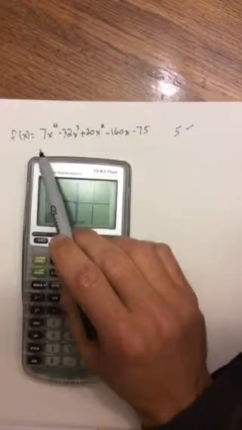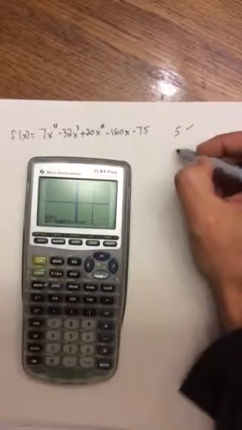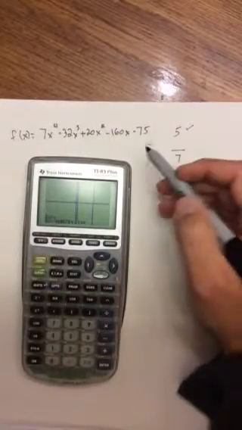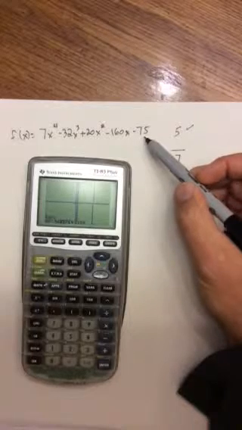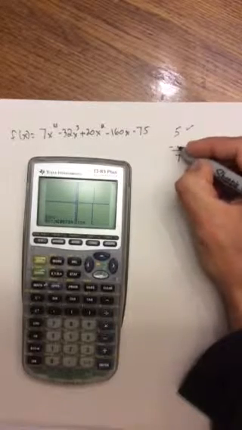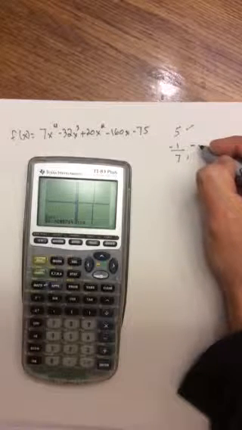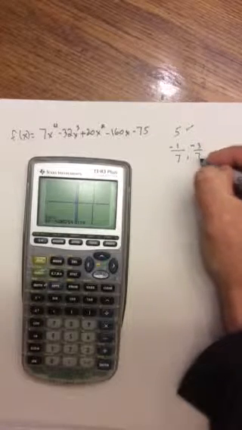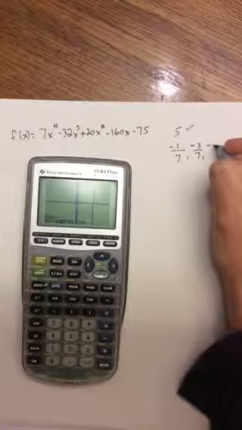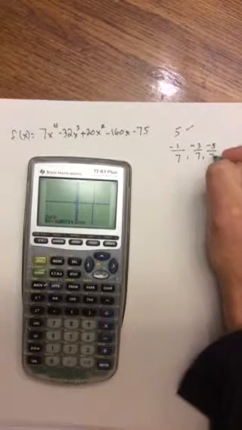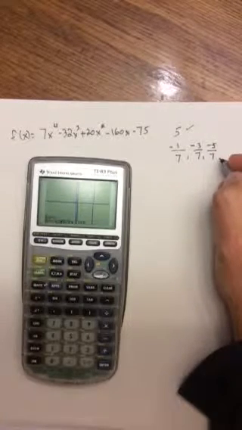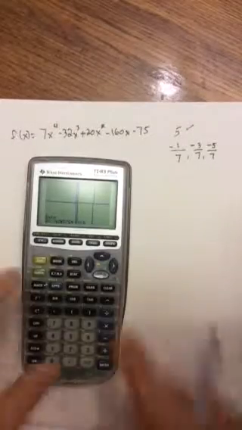If you're thinking between 1 and 7, that 7's the only one, you would be correct. What are some factors of this? Well, you could maybe do -1/7, -3/7, -5/7. Those might be your potential possibilities.